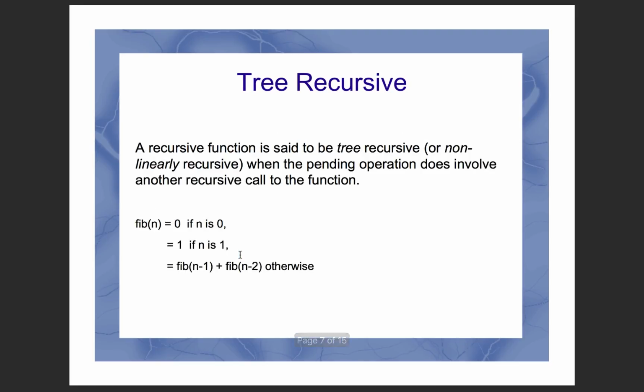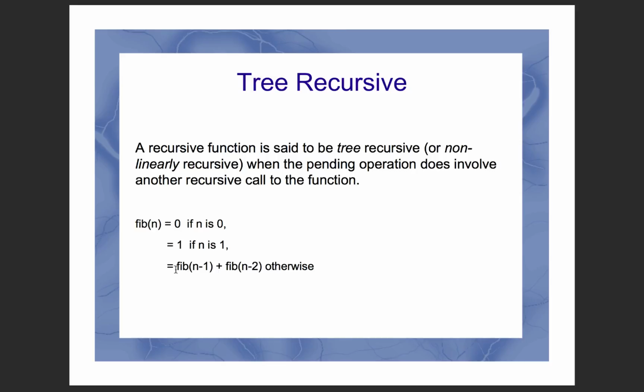But this one is not linear. Why is this not linear? Because you can see this is the base case: if n equals 0, return 0; if n equals 1, return 1. Both are base cases. But in the recursive portion, it is fib n minus 1 plus fib n minus 2.